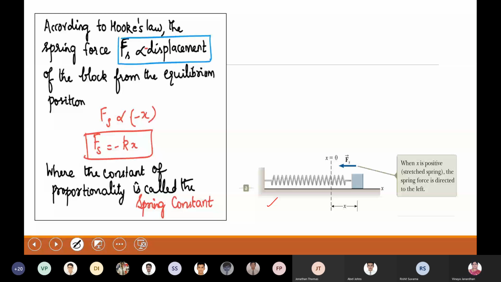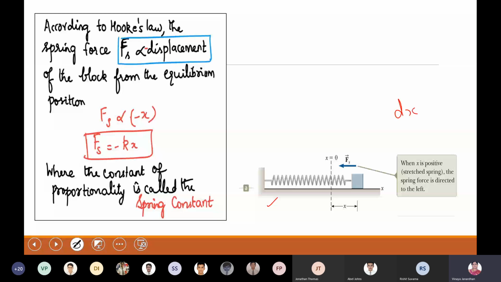So now let us find the work done by this spring force when your spring undergoes a very small displacement of dx.